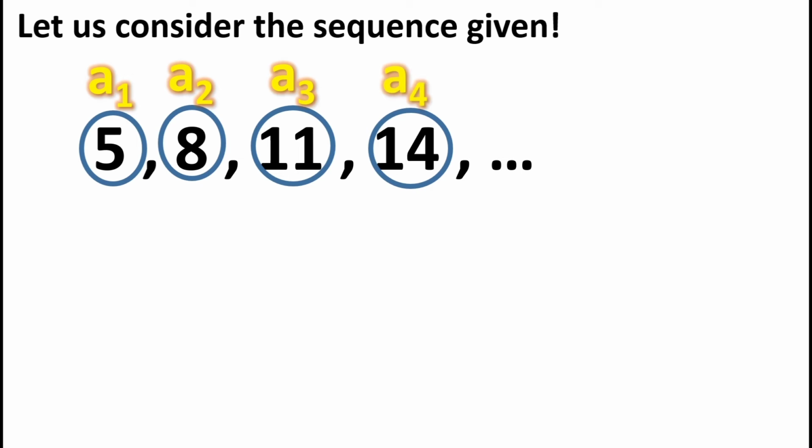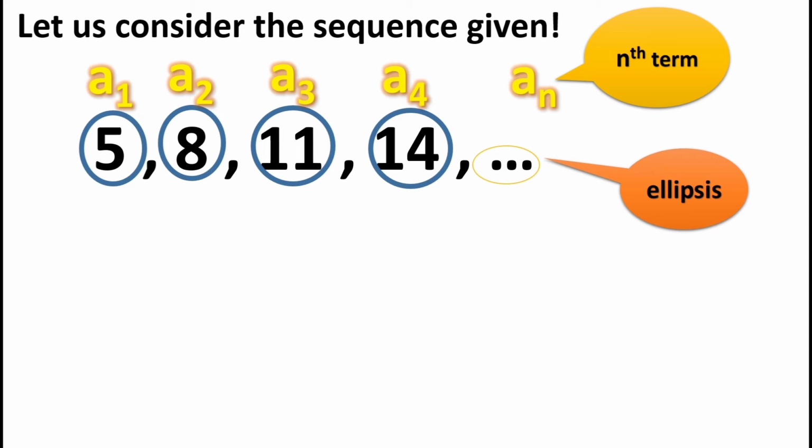It is customary to use the notation a sub n to designate the nth term. The three dots indicate that the sequence continues beyond 14, as seen by the ellipsis.